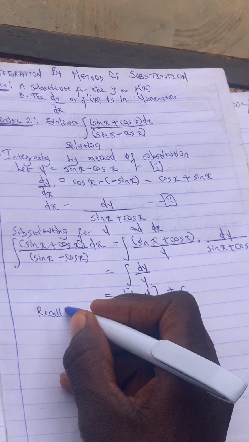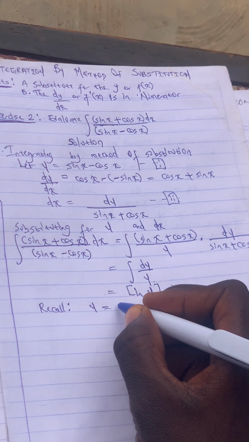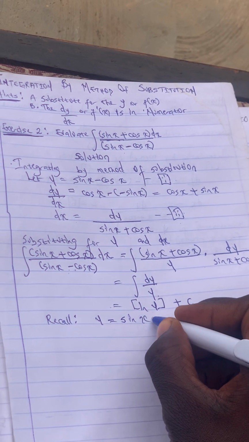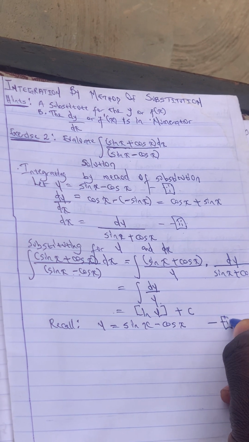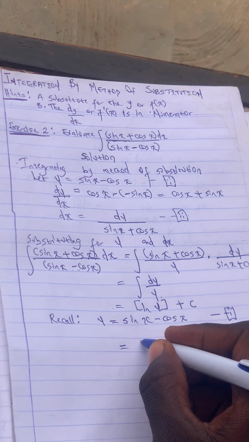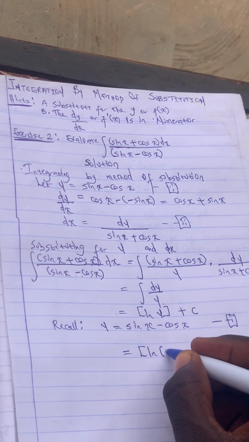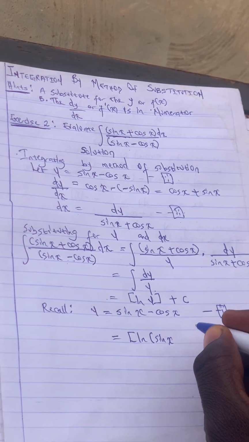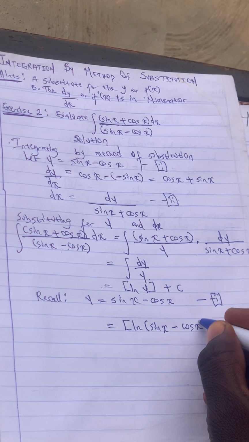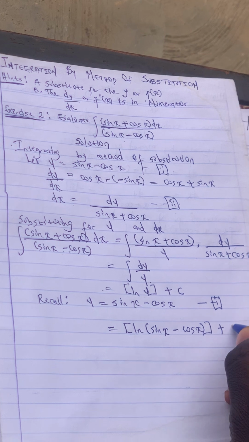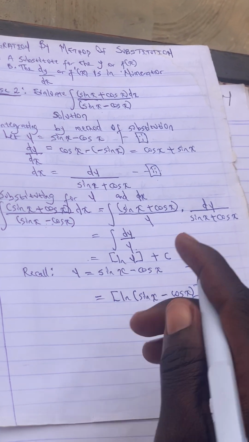Recall from equation 1 that u equals sine x minus cos x. So I will substitute for u. So I have ln sine x minus cos x plus c. C is the constant of integration.